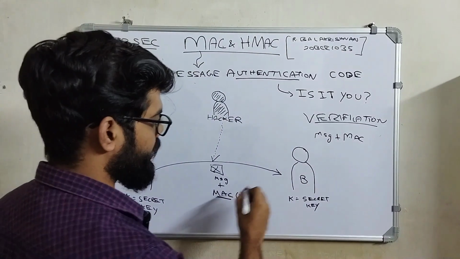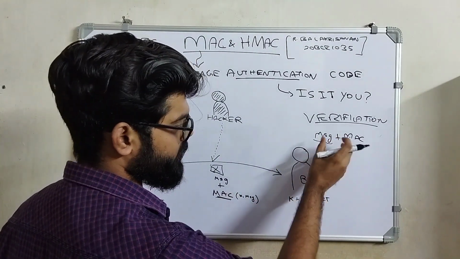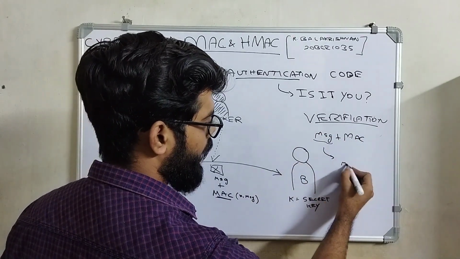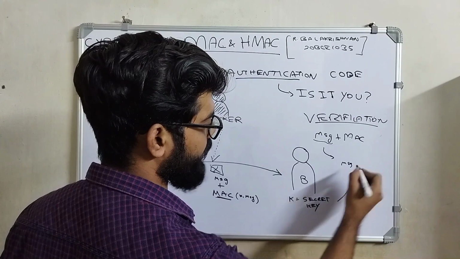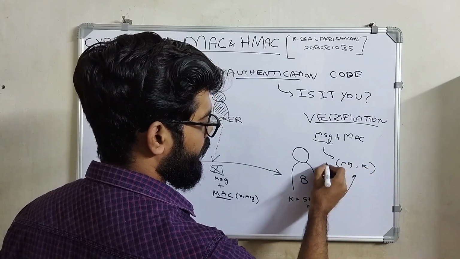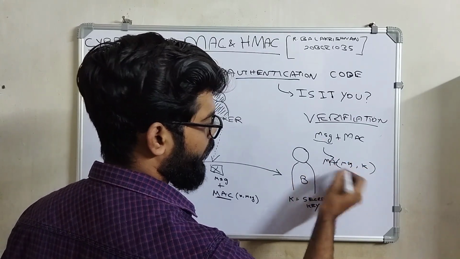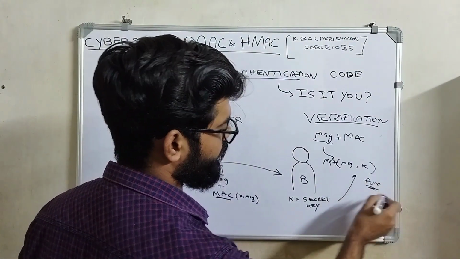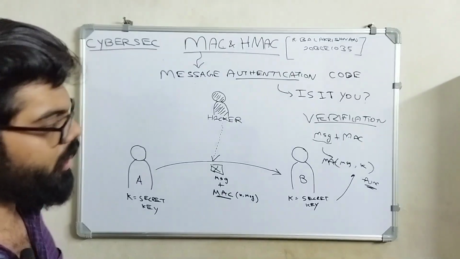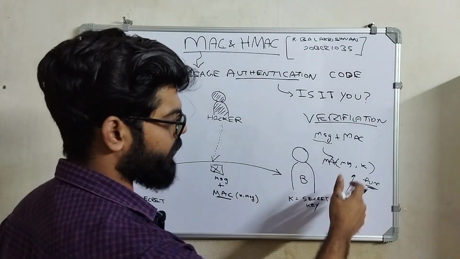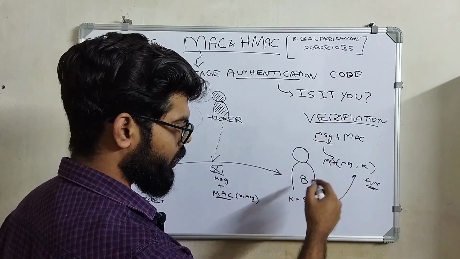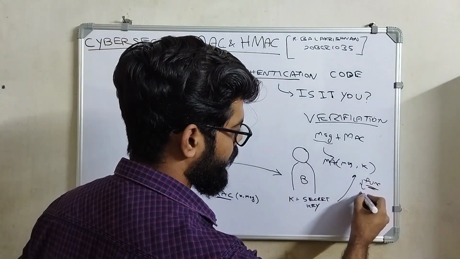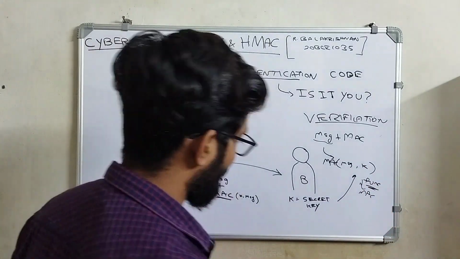It will take the message part alone, slicing it off from the appended MAC, and it has its own secret key. It gives both as input parameters to the MAC function, and then you will get a MAC value. Okay, cool.